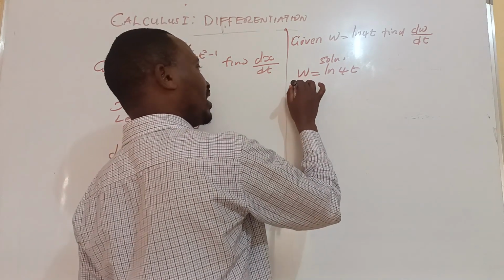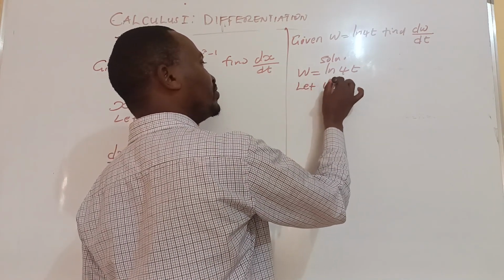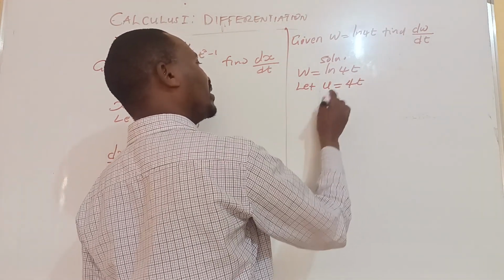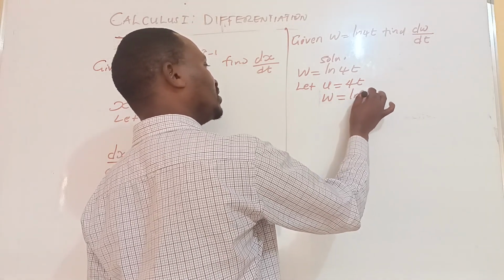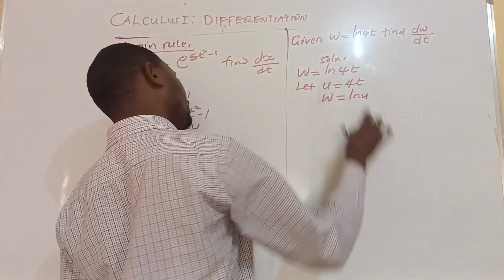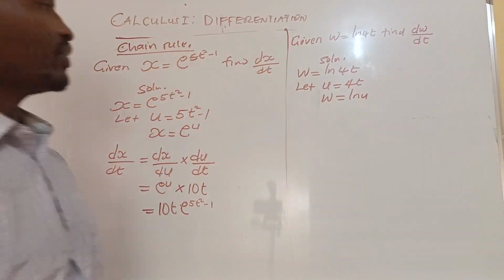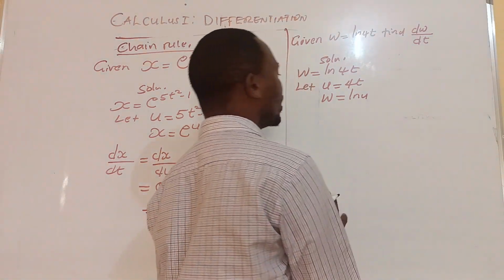So we say let our inner function u be equal to 4t. Then our outer function w is equal to ln u. We substitute 4t with u. Now go ahead and differentiate the two.